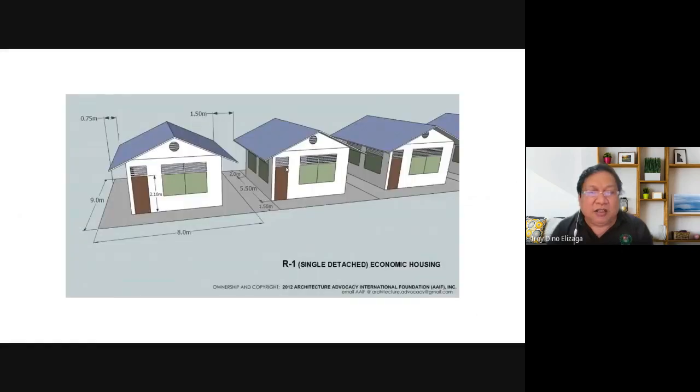So here are more graphics that show the standards. If you notice here, in socialized housing, we mentioned that the setback on the side is 1.5 meters, but then there are abutments. What is essential is you can extend as far away from the building as long as the distance between your abutment and the neighbor's abutment is 1.5 meters.